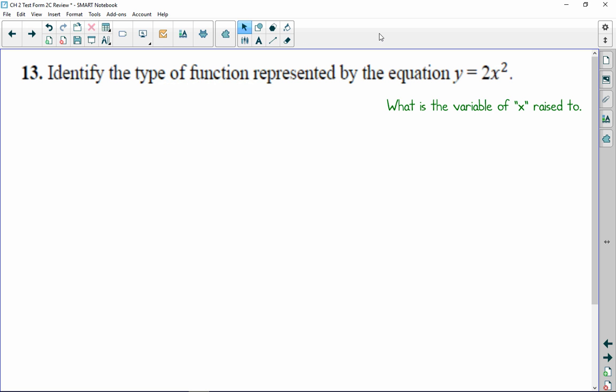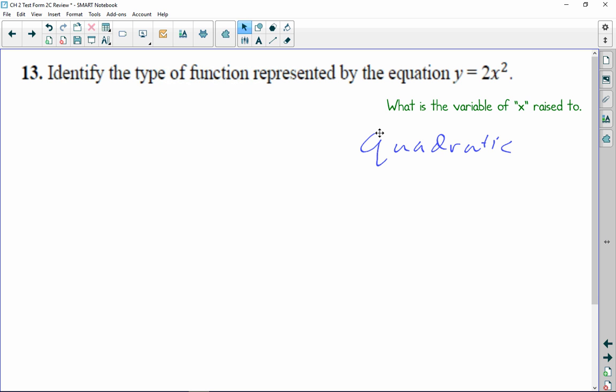What type of function is represented by this equation? What's x raised to? Second power, so this would be what? Quadratic. If x is raised to the third, then it would be cubic. If it's raised to the first power, then it's linear, makes just a line.